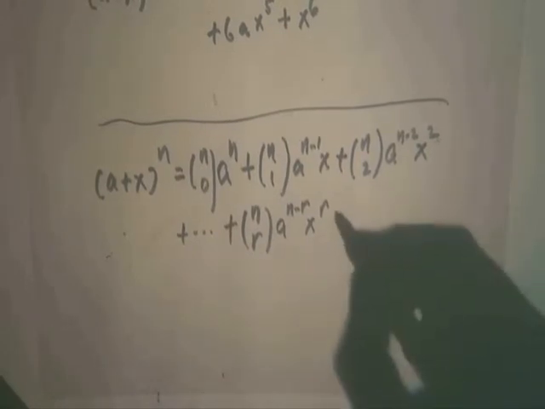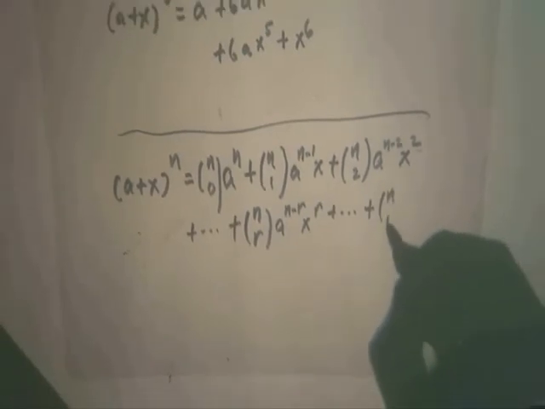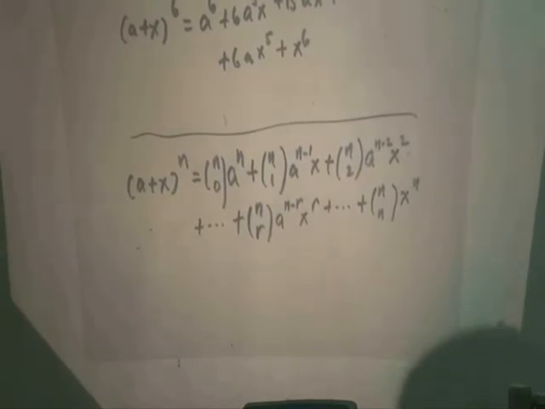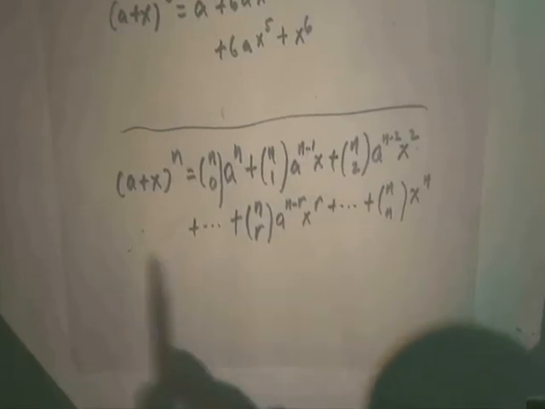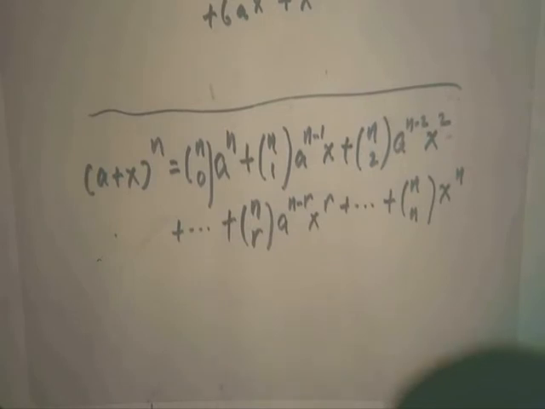And then the last term will be nCn x to the power n. So, in general, the terms in the expansion of a plus x to the power n will be this. This is what we call the binomial theorem.